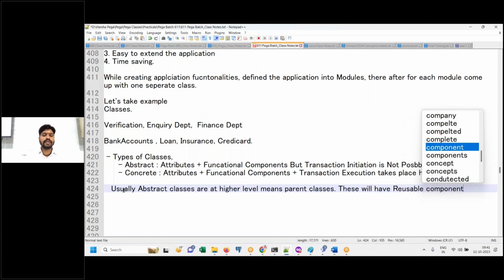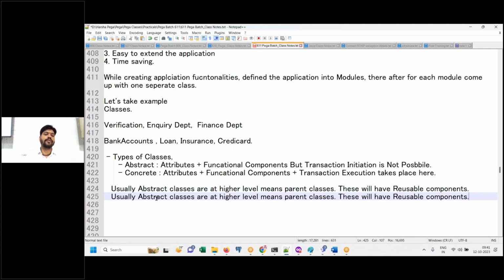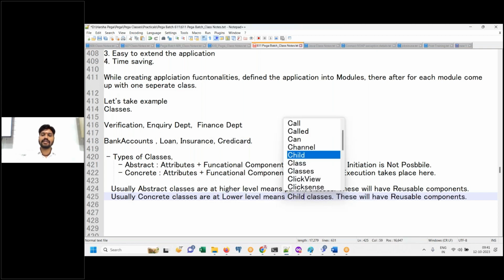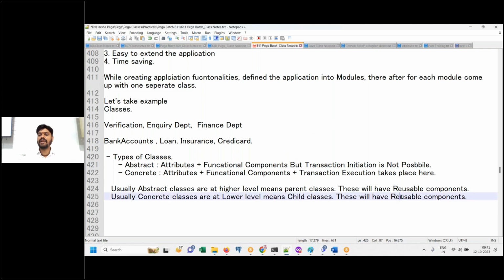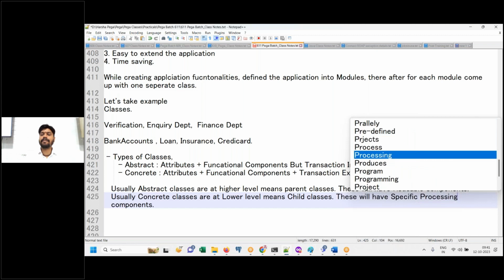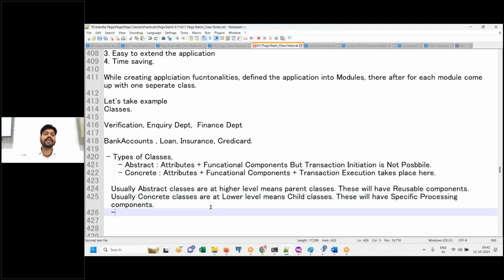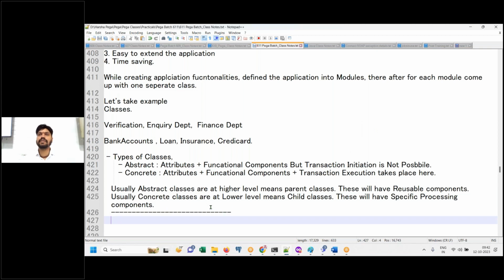In the same way, usually concrete classes are at a lower level, meaning child classes. Is it always? These will have specific processing components. So we are trying to look at the real world and understand it, not simply saying it. Clear, everyone? Next we are going to proceed further.